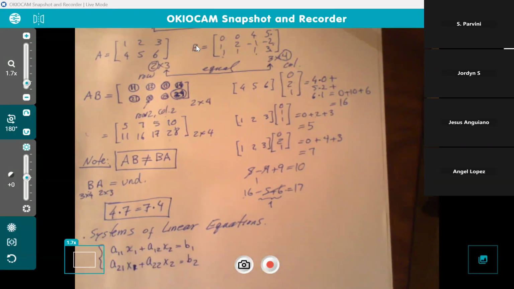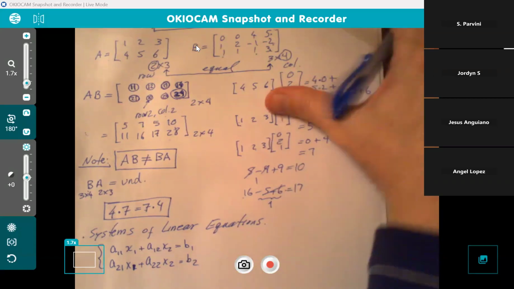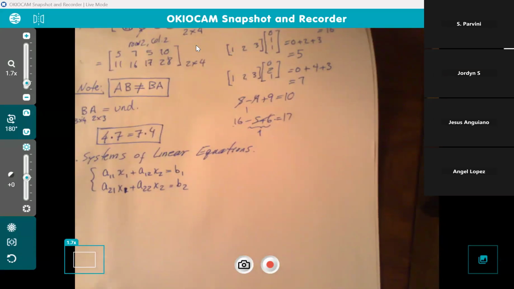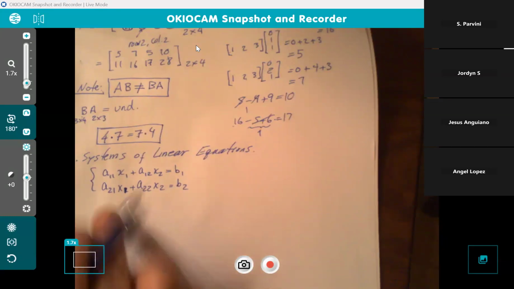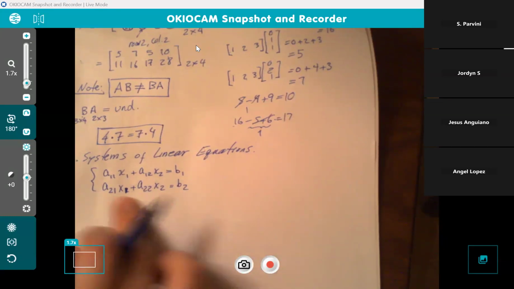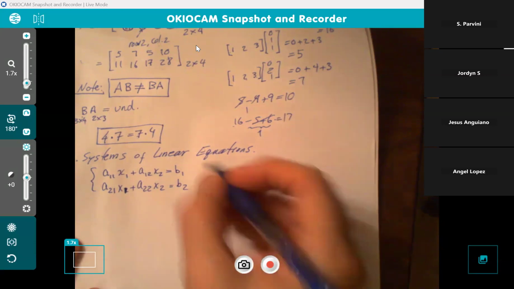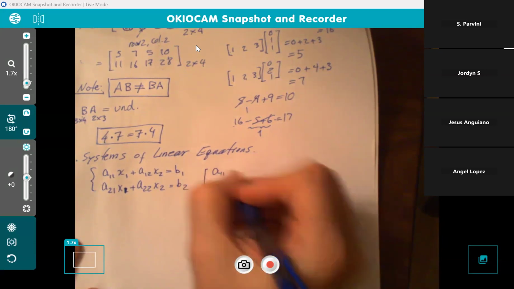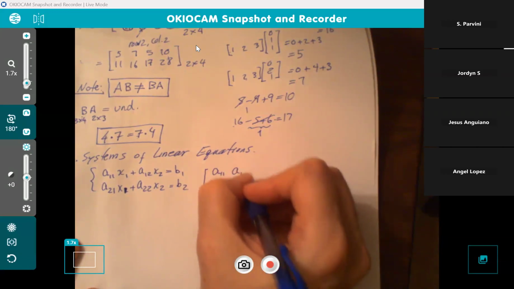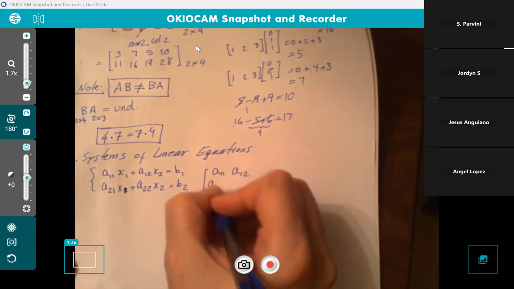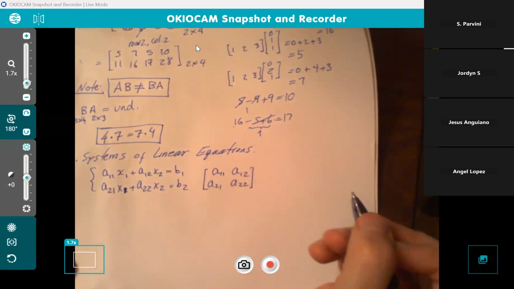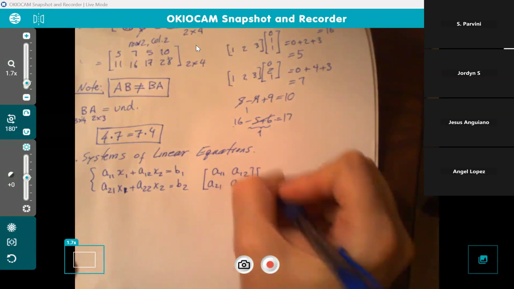So everyone okay on that? That is my system. This is a system of linear equations, 2 equations, 2 unknowns. Now, it is possible to write this system as such. We can actually write this as a matrix of coefficients A11, A12, A21, and A22, multiplied by a matrix.